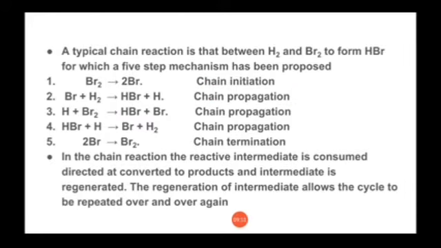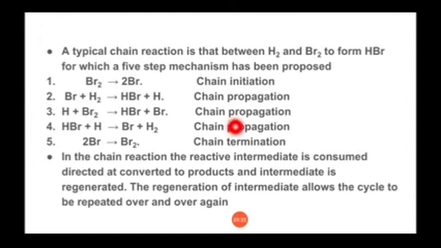In the third step, the H that we got reacts with a Br2 molecule to give you HBr plus Br. Again the rate constant is K3 and it's a chain propagation step. The fourth step is HBr reacting with H to give you Br plus H2.